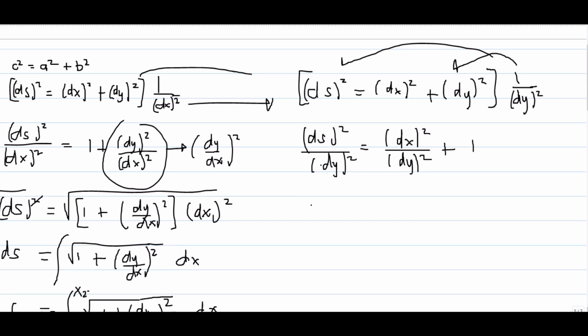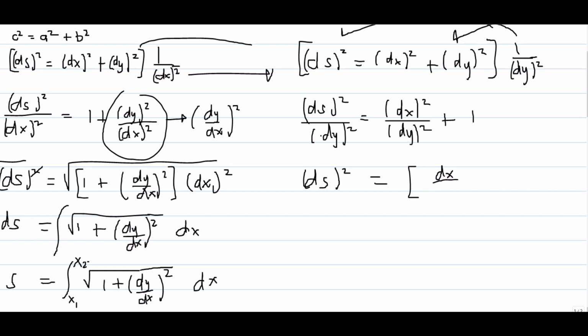Then we have ds squared equal to the open bracket, the quantity of dx over dy, squared, plus 1, close bracket, then cross multiply by dy.